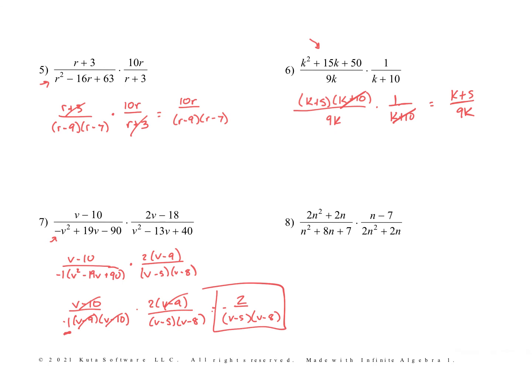In my numerator, I see a GCF of 2n, so I'm going to factor out a 2n, and that's going to give me n plus 1. My denominator is going to be n plus 1, n plus 7, times, and again, I'm going to factor out a 2n, n plus 1.